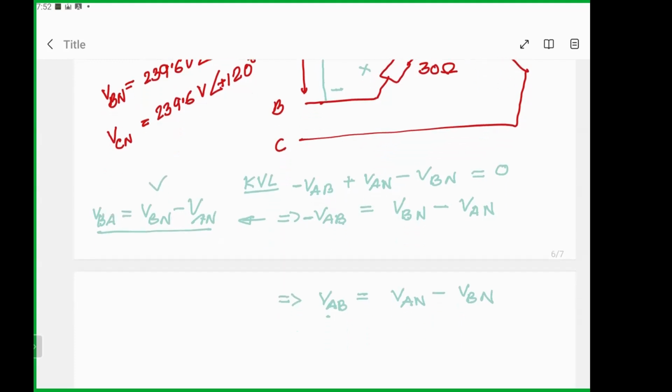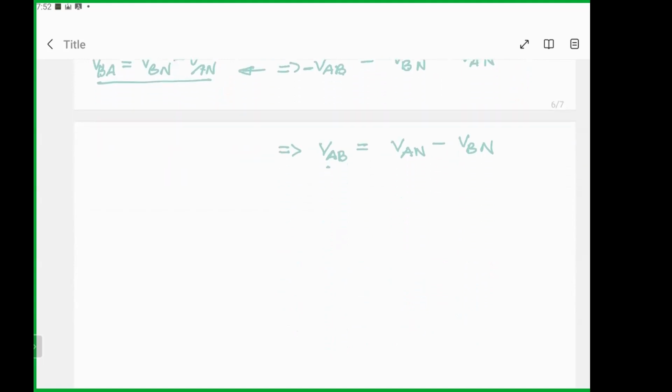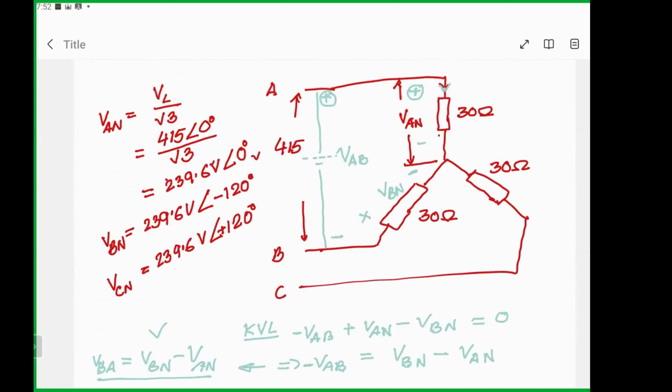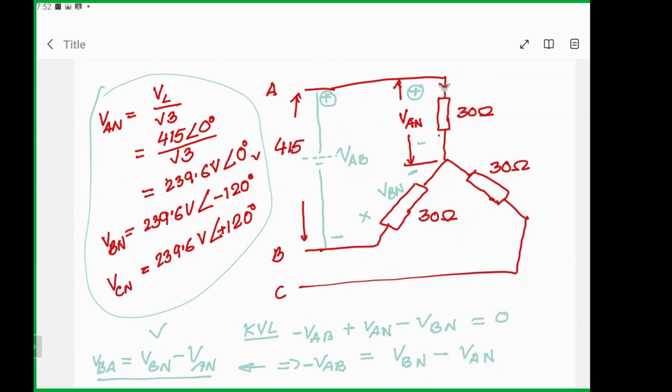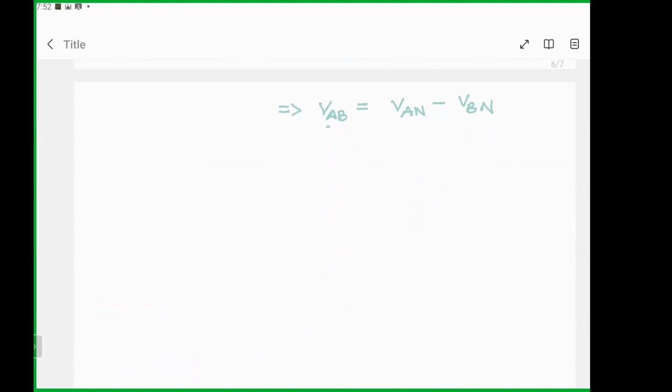You can draw the phasor from this assumption that we have made. So this is not part of the problem. They are not asking this, but it clarifies our idea.